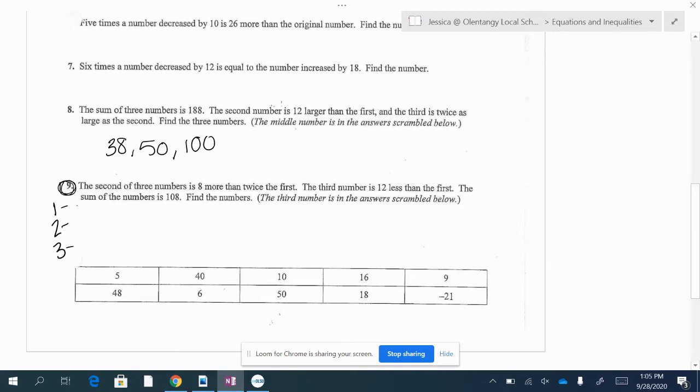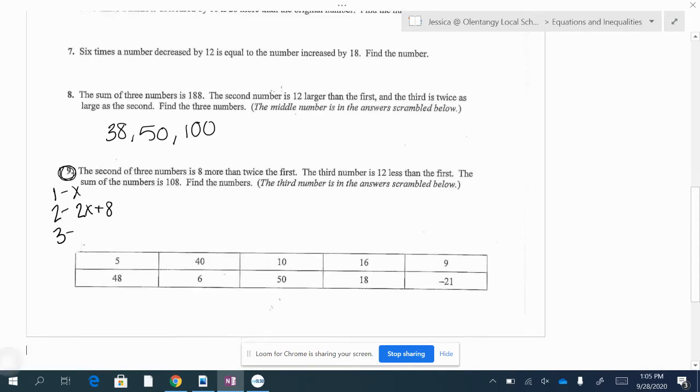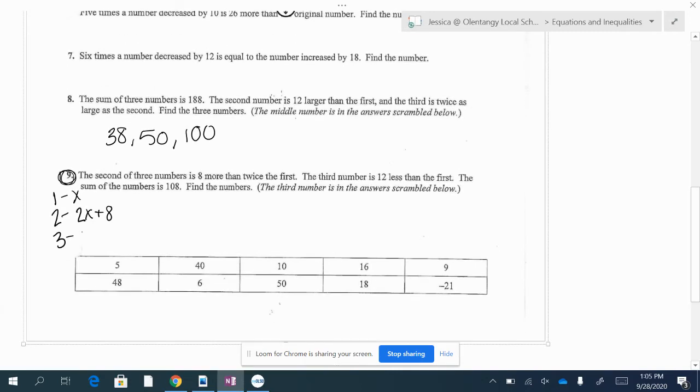The second of 3 numbers is 8 more than twice the first. So I'm going to put the first as x, and my second is 8 more than twice the first. So 2x plus 8, because it's twice the first, that's where I got the 2x, and then 8 more, so plus 8. And the third number is 12 less than the first, so that's x minus 12.